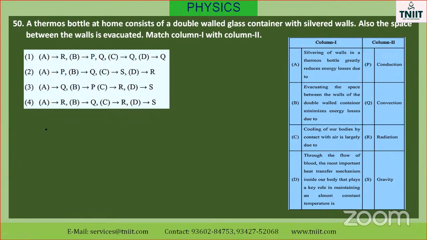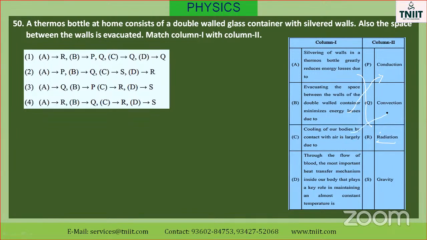A thermos bottle at home consists of a double-walled glass container. It is something like a flask. So they are asking you to match the following. Silvering of walls is called radiation. A is going to be matched with R. Evacuating the space is going to match with conduction.